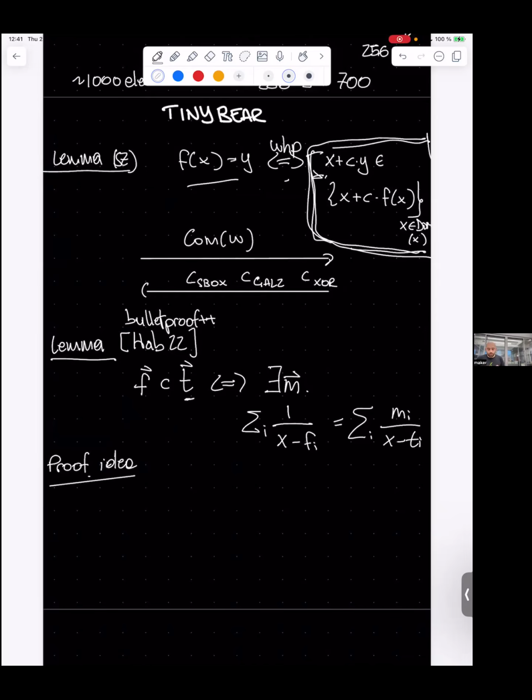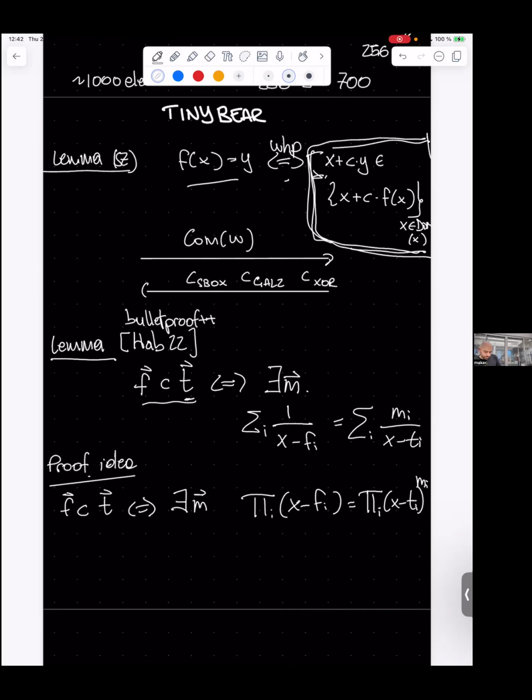But internally, what was already remarked by Ulrich was that if f is entirely contained in T, then there must exist a vector M such that the polynomial that has as roots all the elements of fi in the initial vector f is equal to the polynomial that has as roots all the elements of ti, each with multiplicity mi.